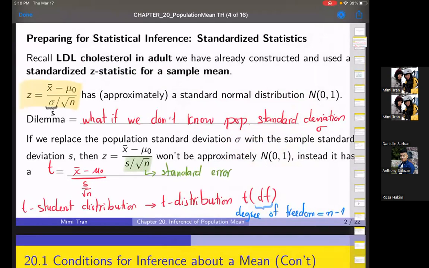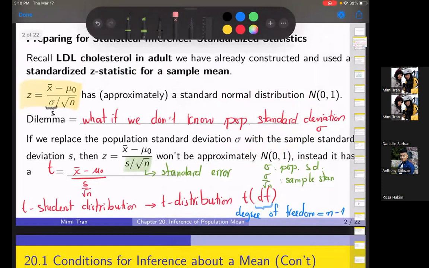If it's sigma divided by square root of n, then it's the population standard deviation. I don't have enough space, so I'm going to say SD, standard deviation. And if it's s divided by square root of n, then it's the standard error. And standard error is what? It's the estimation of the standard deviation of the sample mean. The sample standard deviation is the estimation of sigma. It's like loop within loop.